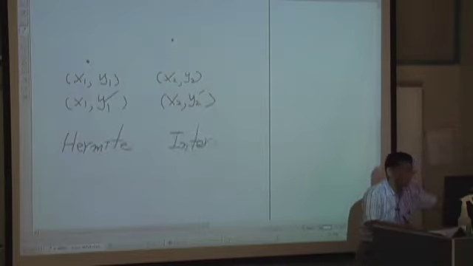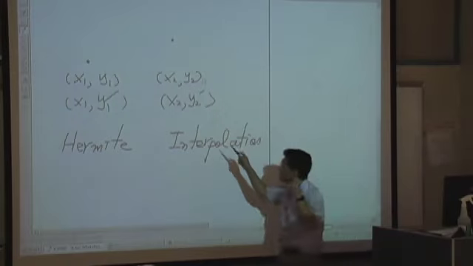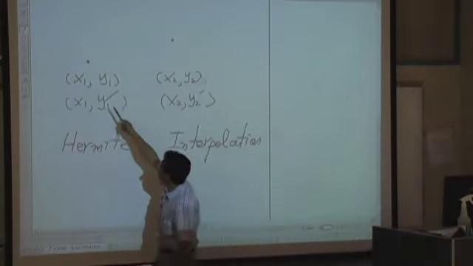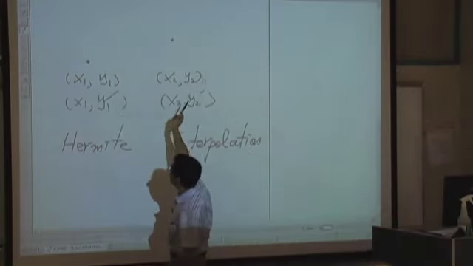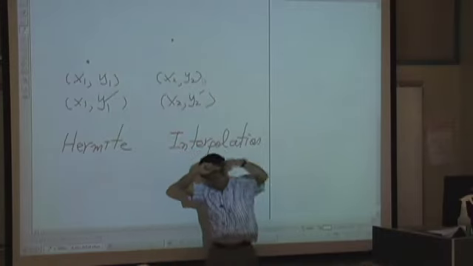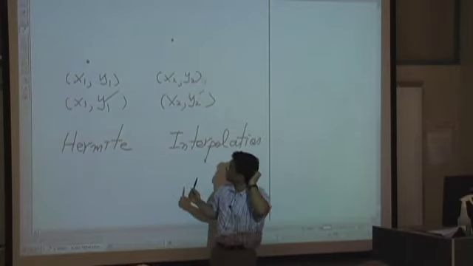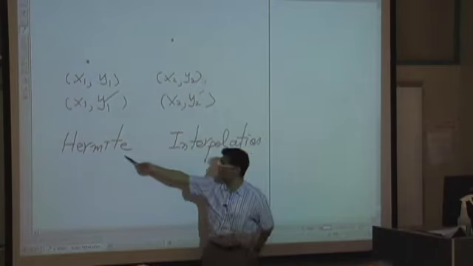In other words, assume that xi, yi information is given, right? Then we can use this kind of information to find the polynomial. But assume that we have more than just height, the slope, then we can have a better curve.